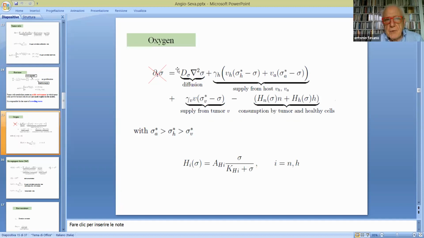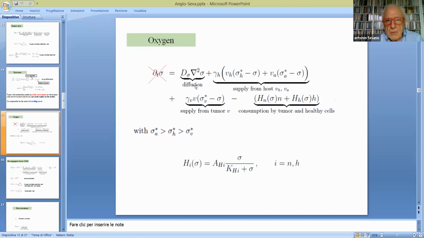The oxygen diffuses very fast. The diffusivity, d sigma, is large. So in the time scales of the tumor growth, the oxygen diffusion obeys a steady equation.